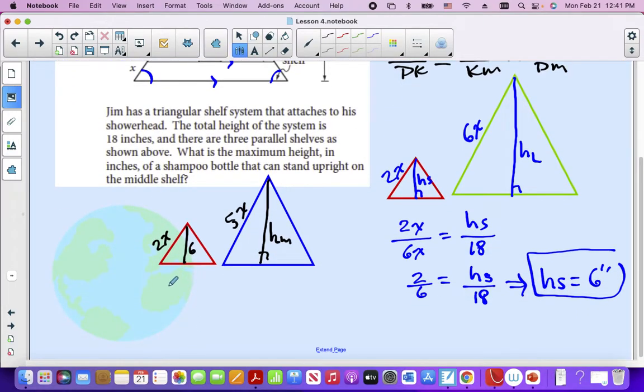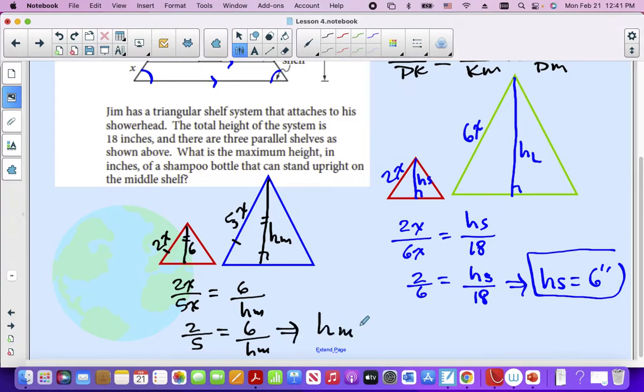So similarity of triangles establishes that the ratio of corresponding sides are the same. So there will be 2x over 5x is equal to 6 over HM, and that means 2 over 5 is equal to 6 over HM. Cross multiply, HM is equal to 15 inches.